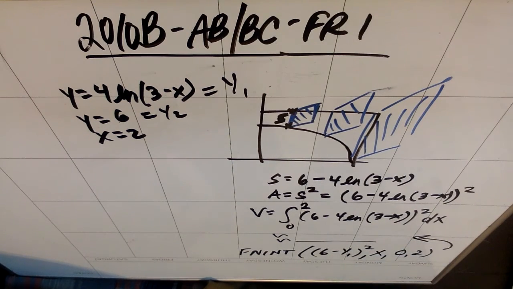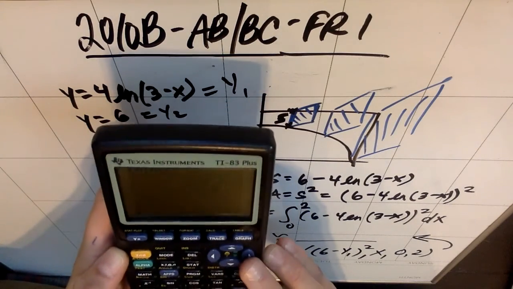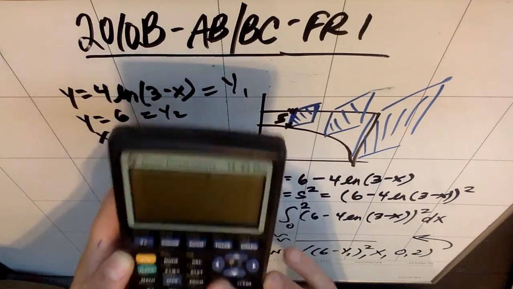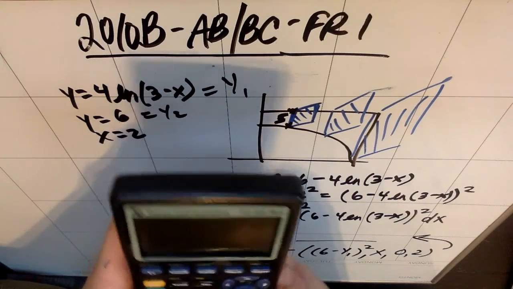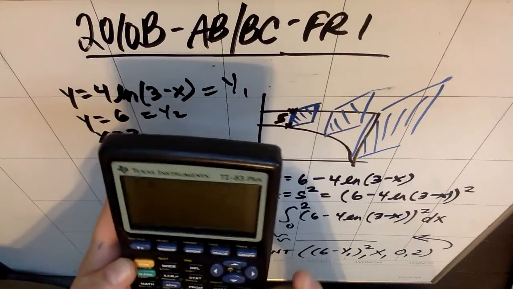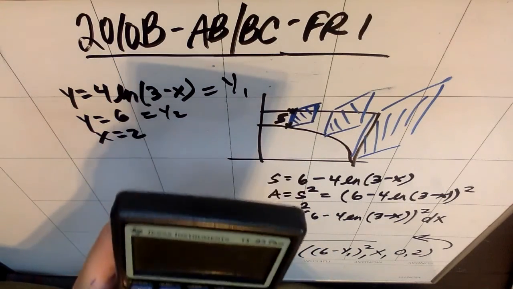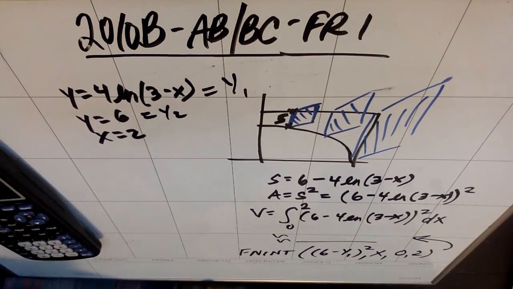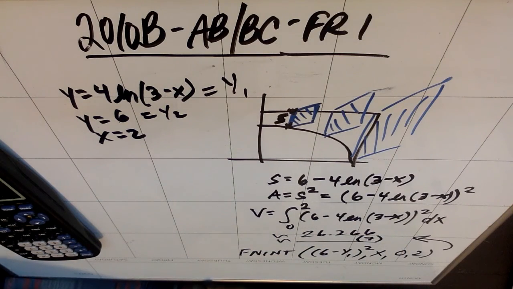So I do math 9, in parentheses, 6 minus vars over to y vars, pick y1, quantity squared with respect to x from 0 to 2, and then I hit enter, and I get the 26.266 or 267 that they want me to get. So 26.266 or 67, depending on if you round or truncate, and that's my answer.